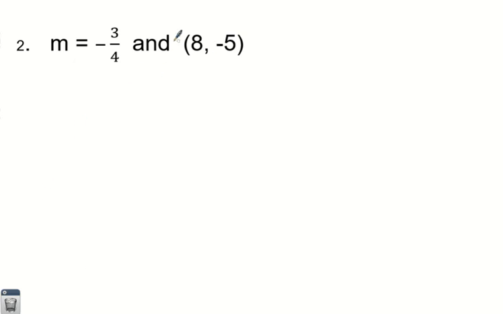Likewise, in example number 2, yes, they're giving me m, but that's not b, that's not the y-intercept, that's some other random point. And so, since what they're giving me is a slope and a point, I'm going to pick point-slope form, because that accepts these ingredients.